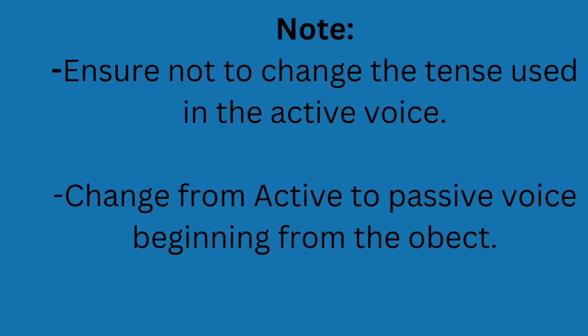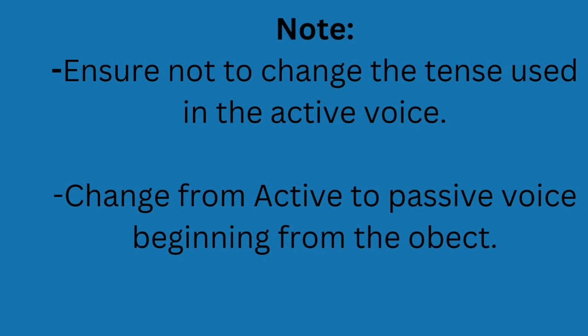Another thing you should note is that you should change from active to passive voice beginning from the object. Whenever you're changing from the active voice to the passive voice, begin from the object. That is a mistake that many candidates usually make when they are changing from active to passive voice.